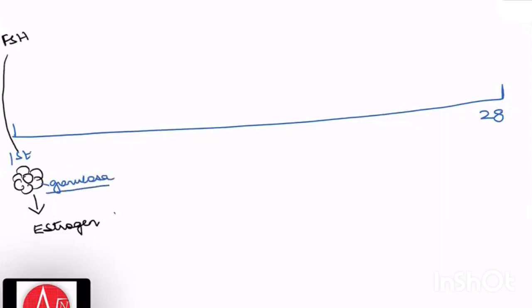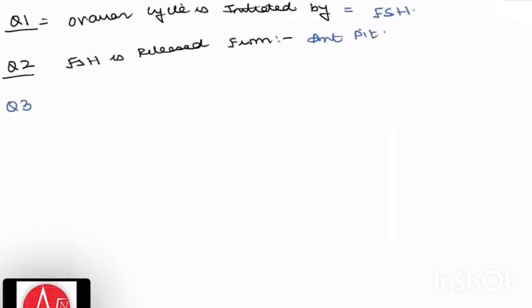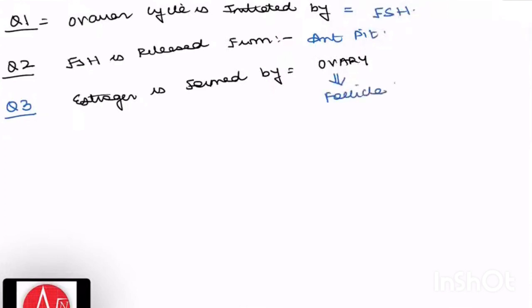So my next question to you is, estrogen is formed by, तो इस क्वेश्चन का आंसर हम हमेशा ये देते हैं ना कि estrogen is formed by ovary, बट ओवरी से बेटर आंसर क्या है कि estrogen is formed by follicle, एंड follicle से बेटर आंसर क्या है, it is formed by granulosa cells of the follicle.